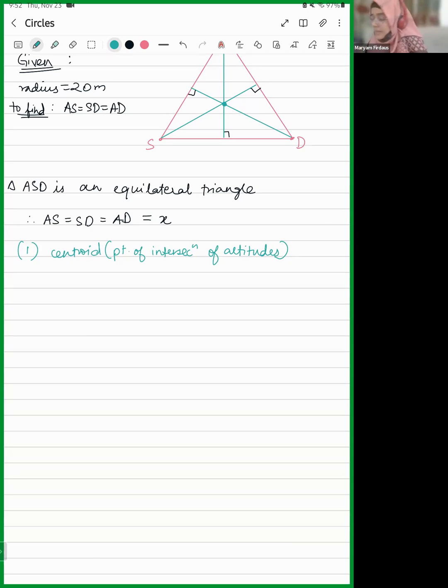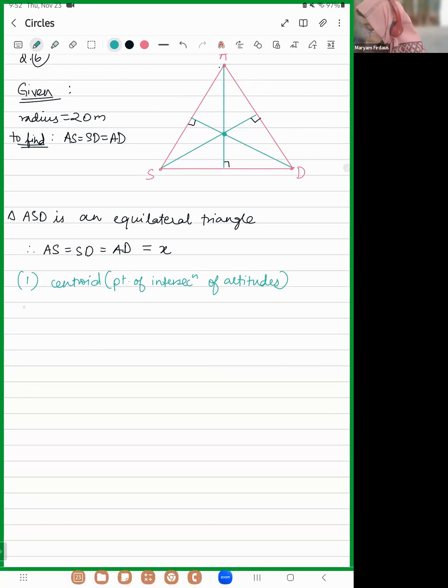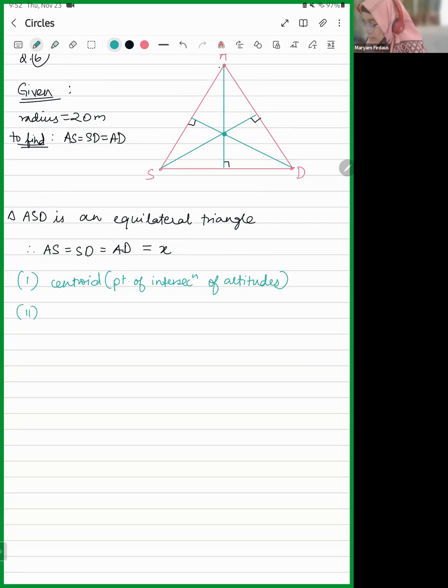Okay. Now, the thing with an equilateral triangle is that, and this is the second point, the centroid of an equilateral triangle happens to coincide with the center of the circle in which this triangle is circumscribed.